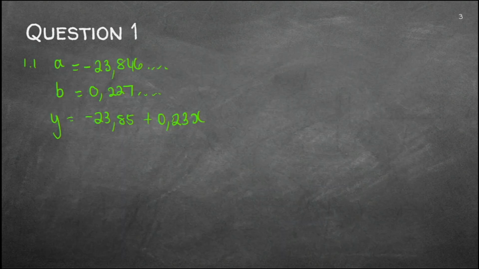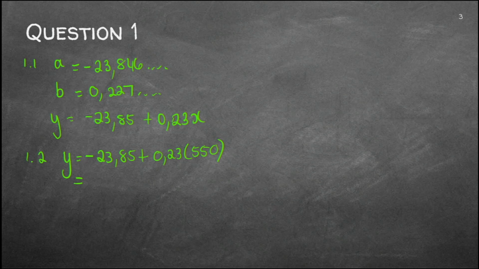It will work. So for 1.2, we can literally just sub it in and say y is equal to negative 23,85 plus 0,23 times 550.